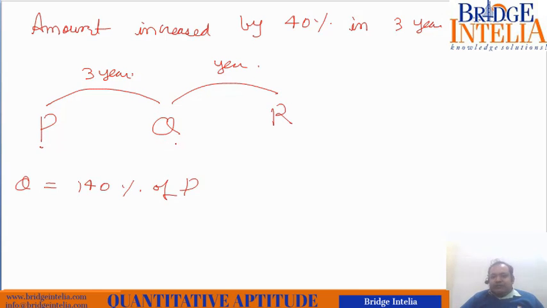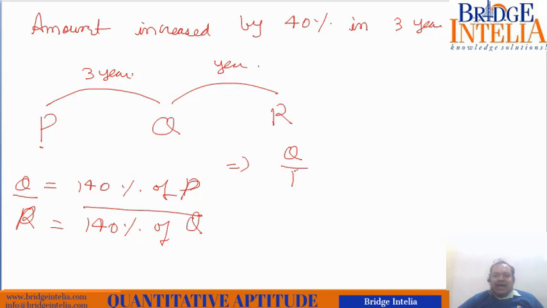So this is 100 plus 40%. So Q is equal to 140% of P. Similarly, R is equal to 140% of Q. So if you take the ratio, you can say that Q by R is equal to P by Q. That means what relation P will have with Q, same relation Q will have with R. Proportional increase is the concept of compound interest.